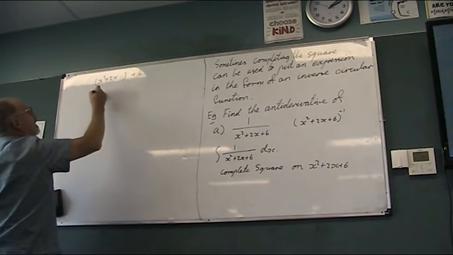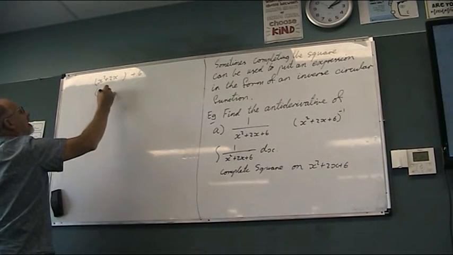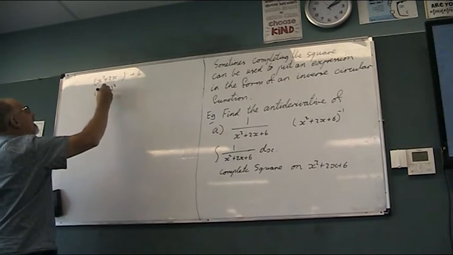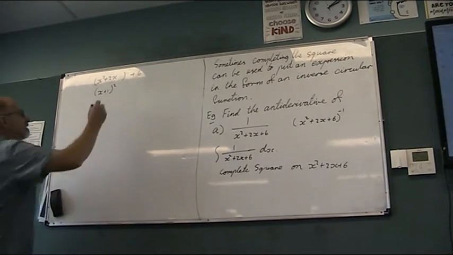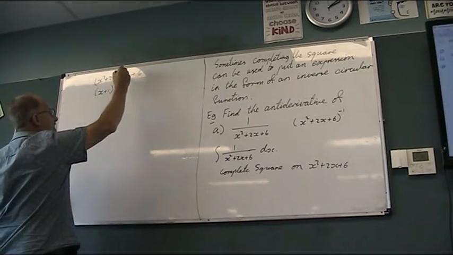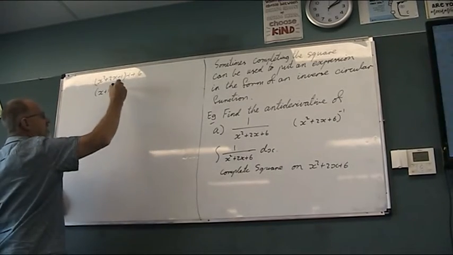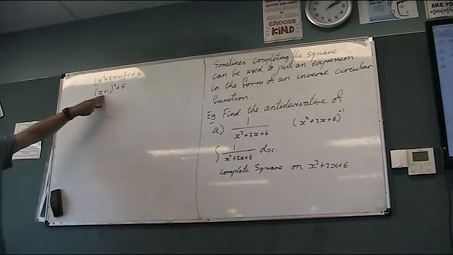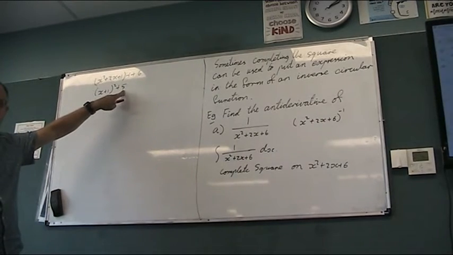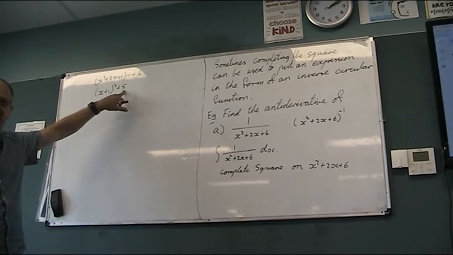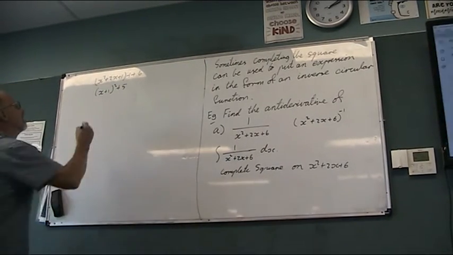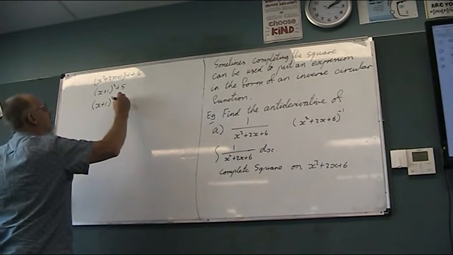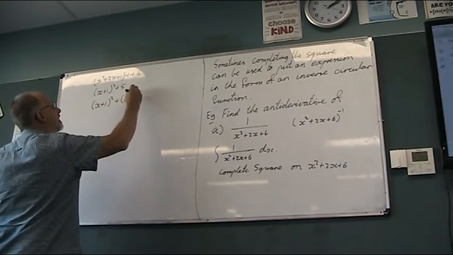So down here I'm going to have x plus 1, then I need to minus 1 that I've added, so plus 5. So something squared plus something squared: root 5. So what we've got is x plus 1 squared plus root 5 squared.